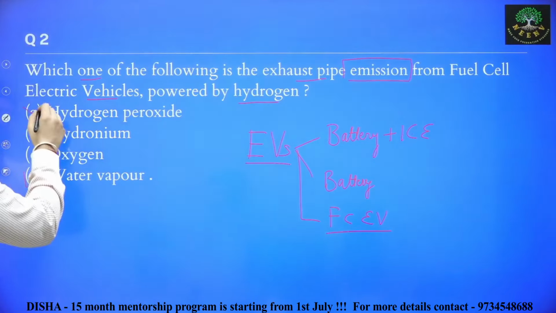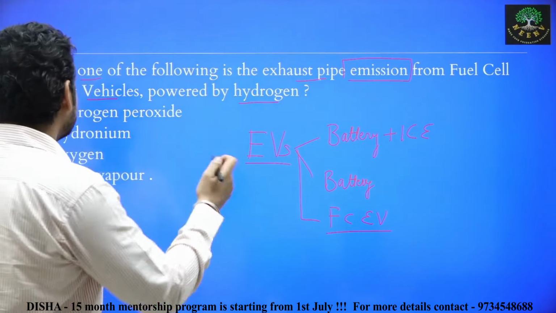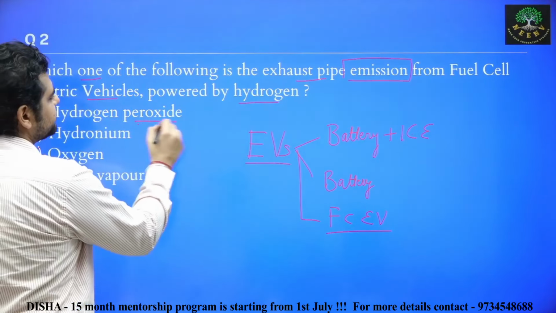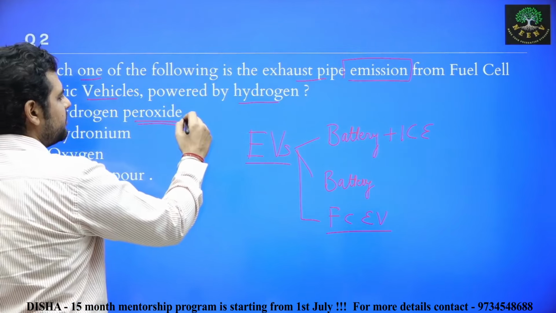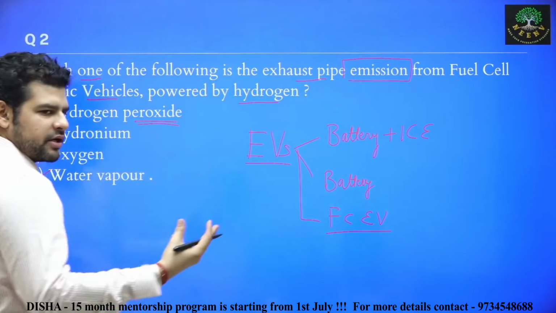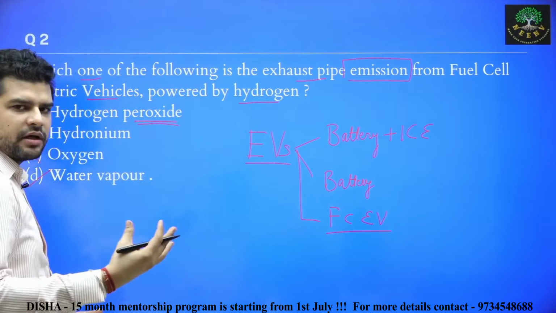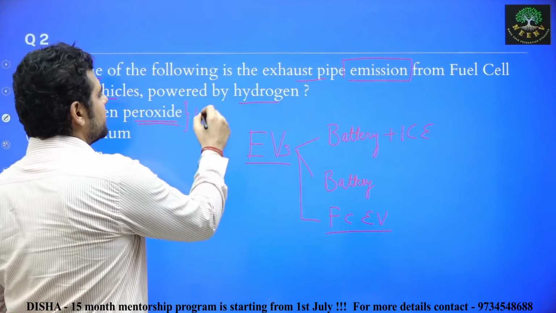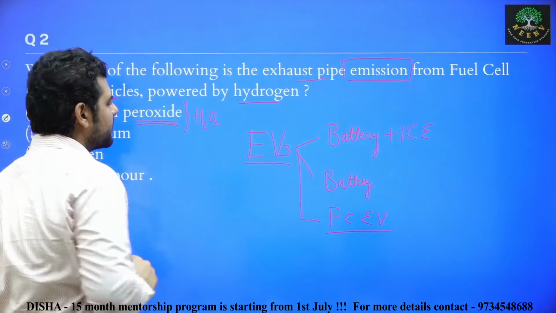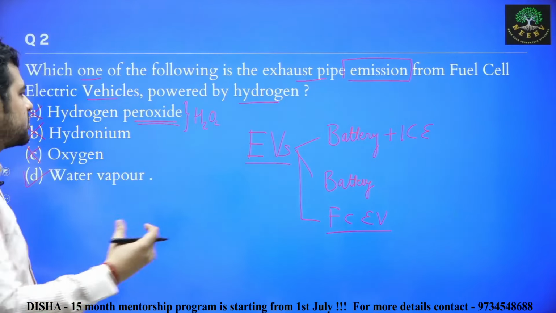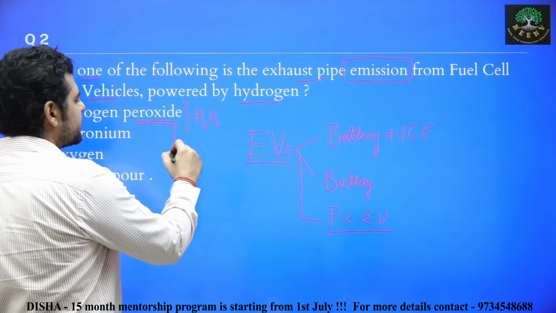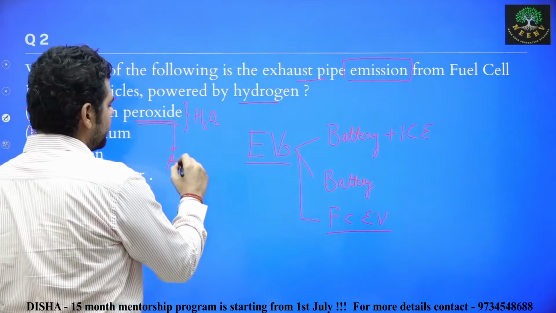If we see the other options, can we eliminate something? Yes, because hydrogen peroxide is a chemical used in school laboratories a lot of the time, so it can be eliminated. Its formula is H2O2. Also, many people may know it's a famous chemical used for antiseptic purposes.